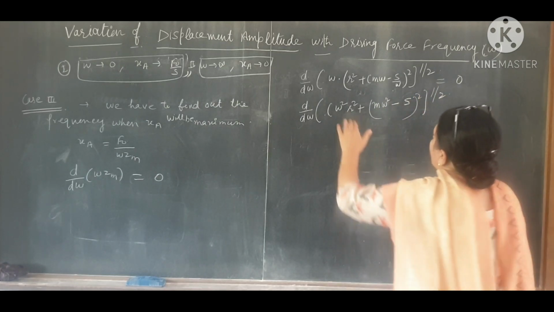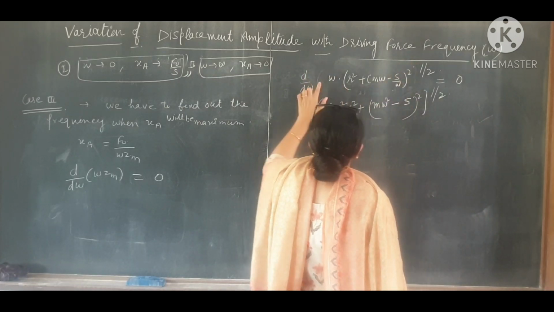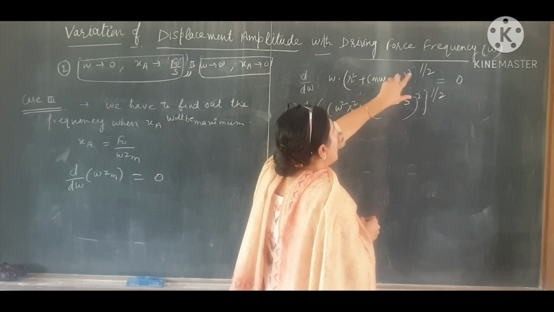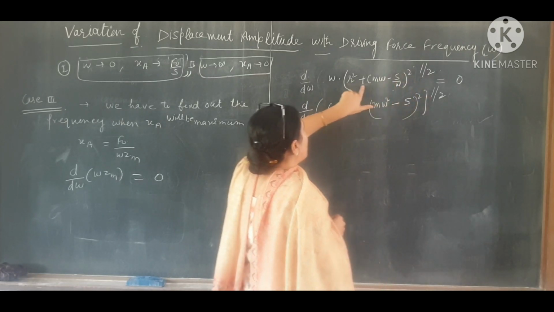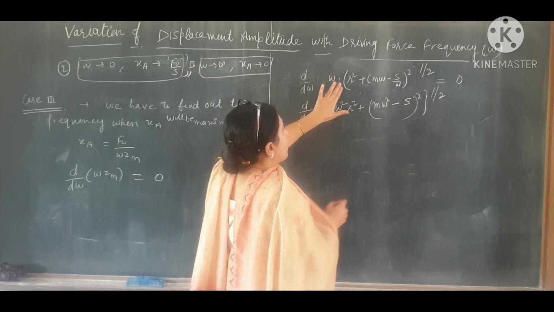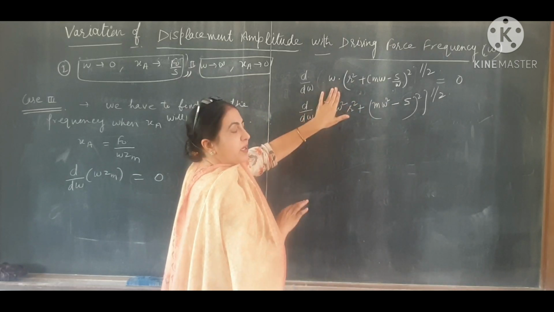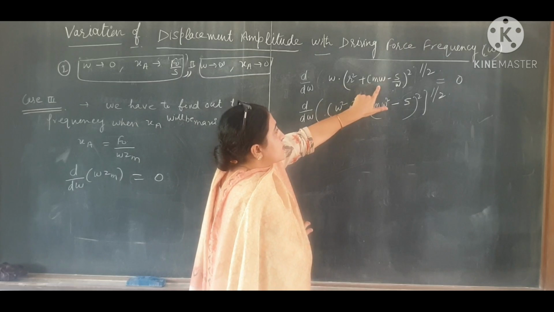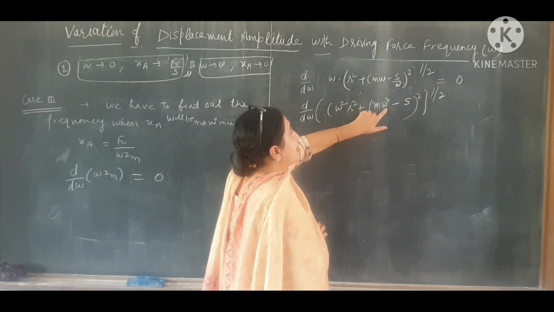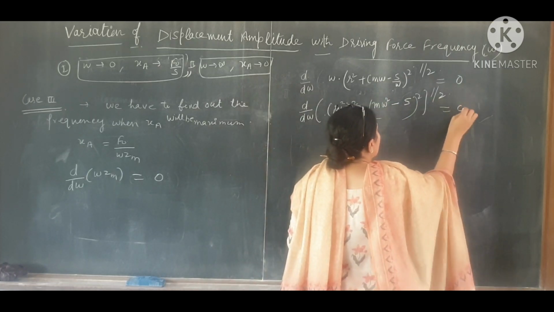Because the under root is only on the value of Zm, not on the whole term. So this is equal to 0.